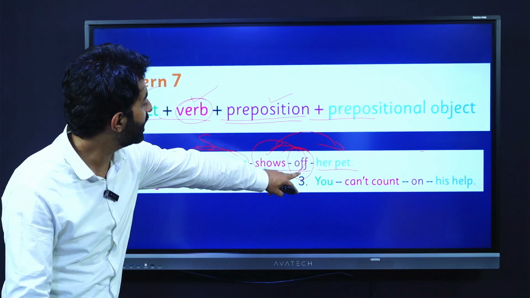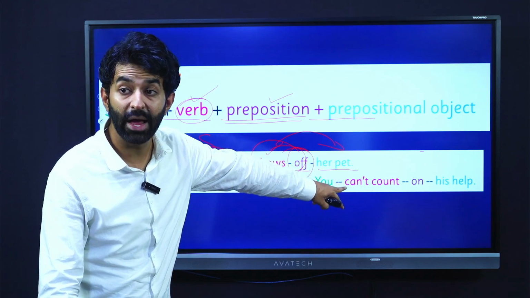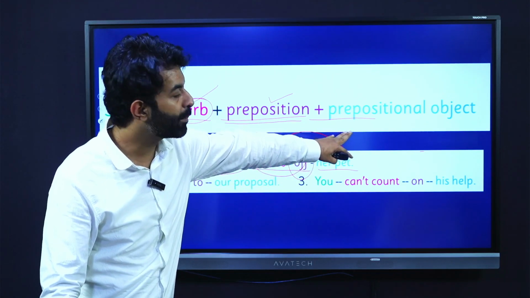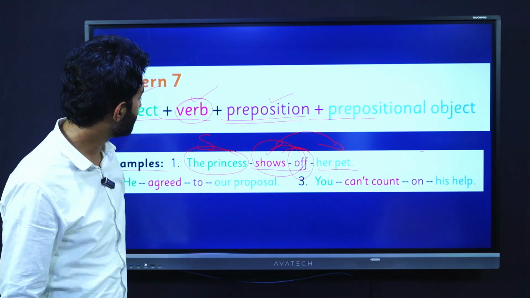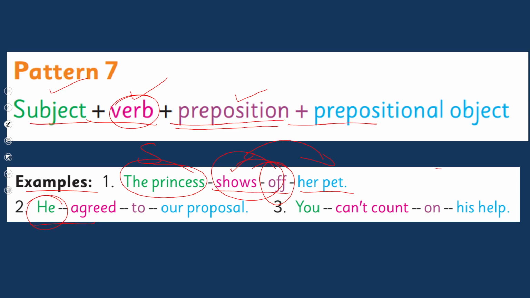क्यों? क्योंकि it is covering our preposition over here. उसके पहले क्या आ रहा है? Preposition. So that's why we call it prepositional object. Similarly, he agreed. He subject है, agree verb, to क्या है? Preposition. What are prepositions?